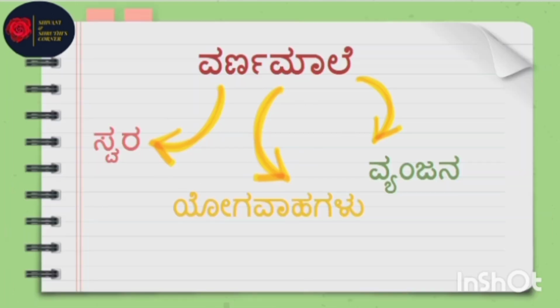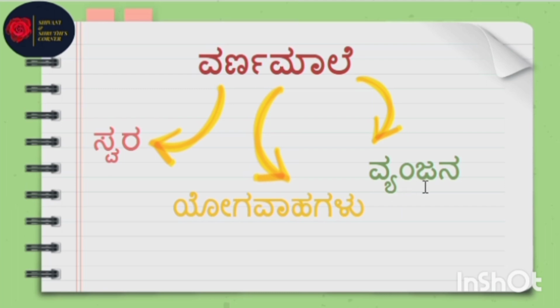So here is the division. Swara, Yoga Vahagalu and Vyanjanagalu. Swaragalu are the letters which can be pronounced independently. Yoga Vahagalu are the letters which cannot be pronounced independently. They take the help of Swara and Vyanjana to be pronounced together.